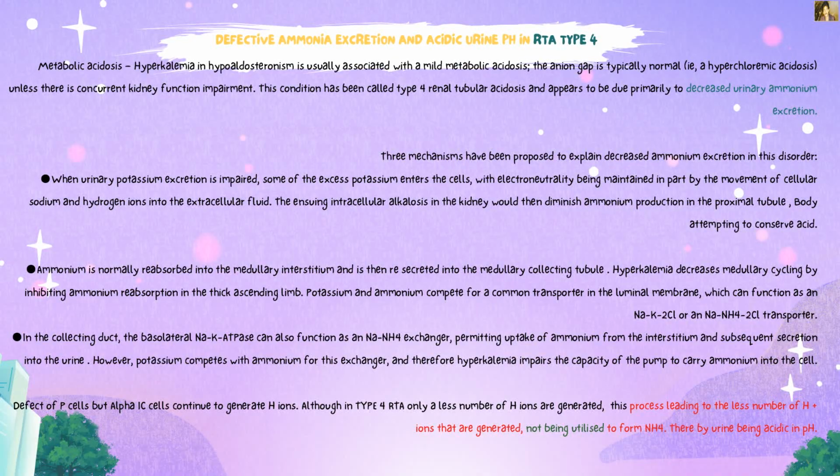So with hyperkalemia you have potassium entering the cells, and to balance electroneutrality the hydrogen ions exit the cells.